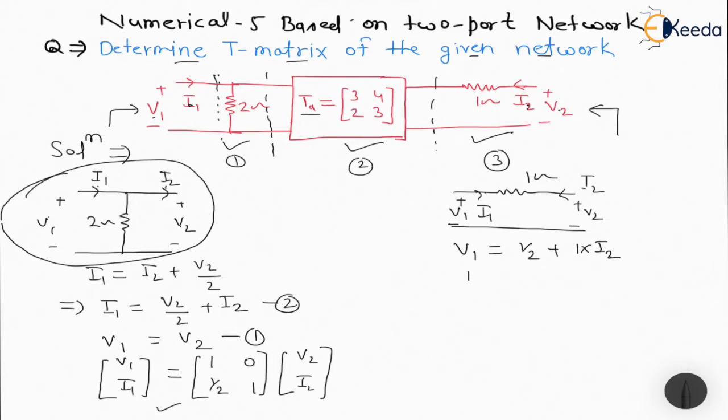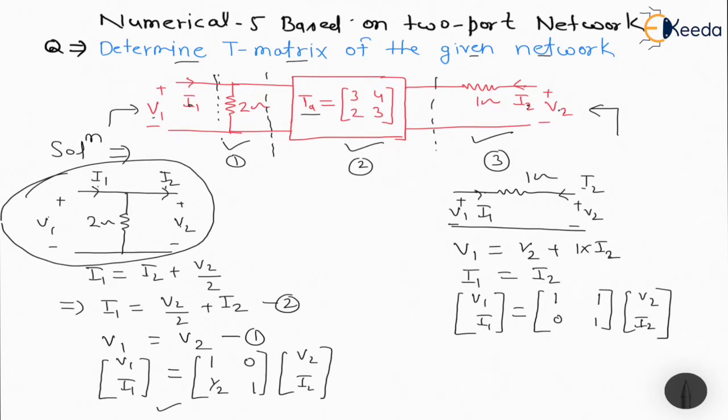We also see that the value of I1 is equal to I2. Now if we write V1, I1 here, it is equal to 1, 1, 0, 1, and here it will be V2, I2. So now we have all three ABCD parameters.